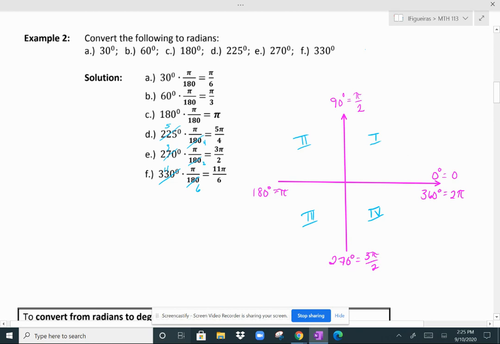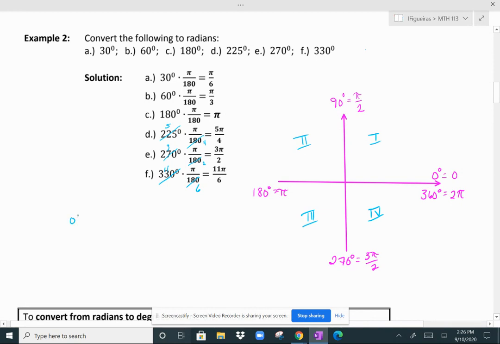Remember, your quadrants on your xy plane, when you go counterclockwise, this is quadrant 1, then quadrant 2, quadrant 3, and quadrant 4. So all of the angles that we wrote here actually land on one of the axes, and these are called quadrantal angles.